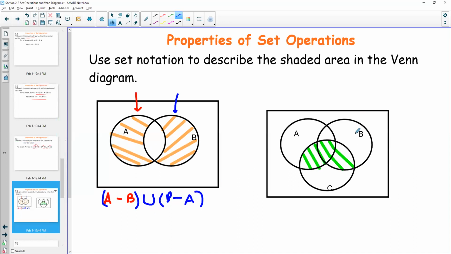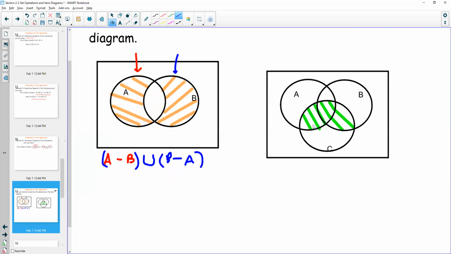There are a couple of ways to describe this one, so if yours is different from mine, that's okay. You can take it one section at a time here. I think about this section here as the intersection of A and C. So A and C. Oh, sorry, I wrote B. Apparently my brain is melting.